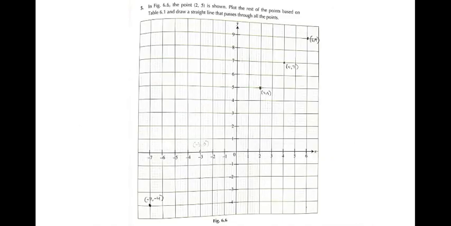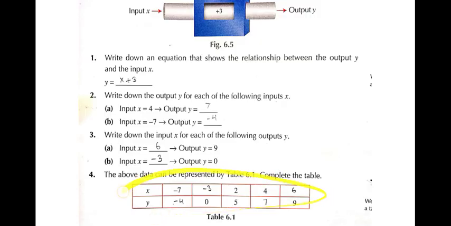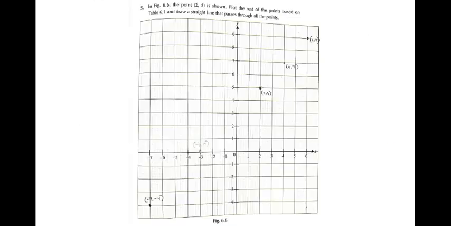I'm going to the next page. In figure 6.6, the point 2.5 is shown. Where is it? This one? Yes, this one, 2.5. Plot the rest of the points based on table 6.1. So you have negative 7, negative 4. Let's plot that.